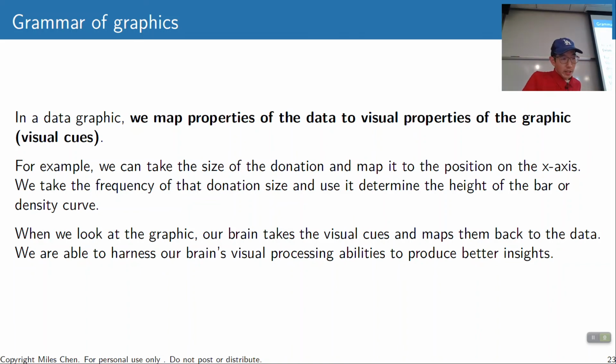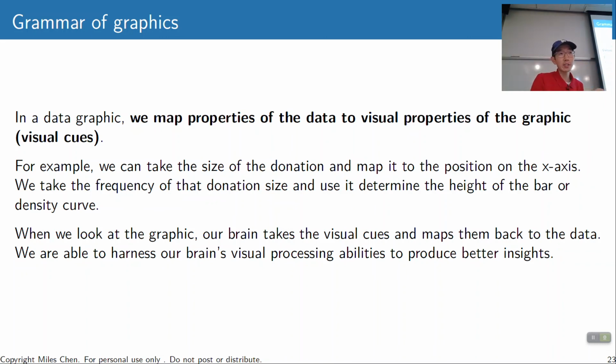And then what our brain does is it looks at that graphic, and from those visual cues, it creates basically the data inside your brain. Now, you're not necessarily creating a table of data in your brain, but if you had to, you could.